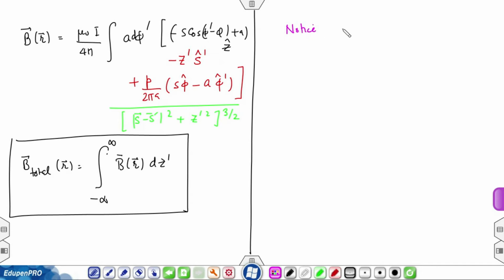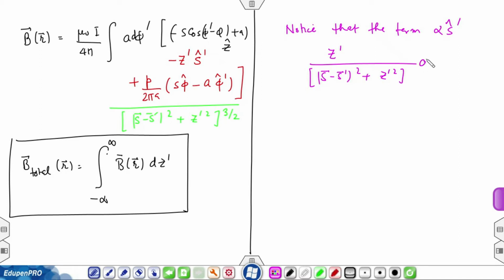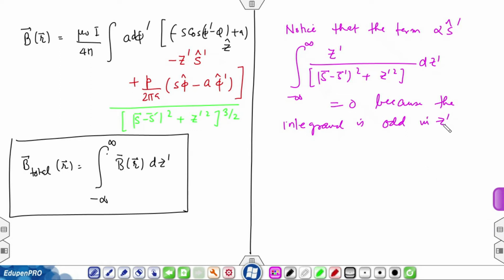Notice that the term proportional to s prime unit vector has z prime over mod s minus s prime square plus z prime square dz prime, and this will be 0 because the integrand is odd in z prime. Therefore, that term can be dropped. So, now I have only two terms to be evaluated.